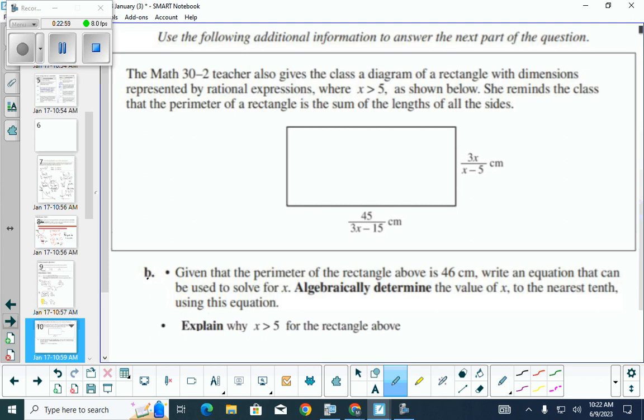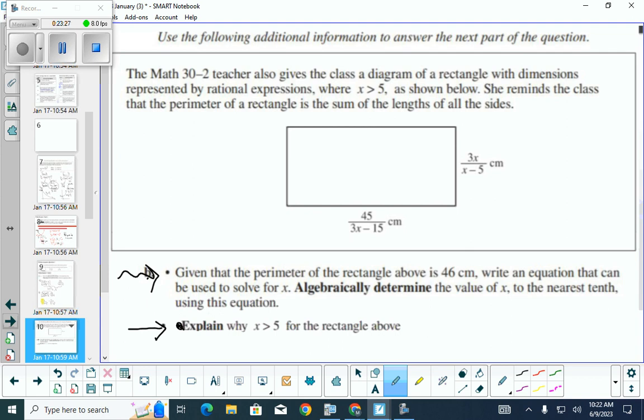So it says, given the perimeter of the rectangle is 46, write an equation that can be used to solve for x. Algebraically determine the value of x to the nearest equation. Explain why x is greater than 5 for the rectangle above. Okay, they would probably do this guy first and then make this guy the last question because this is a little easier to understand. So let's do this one first.